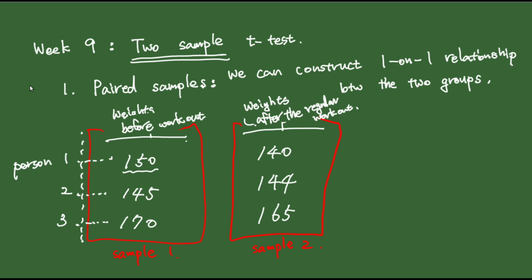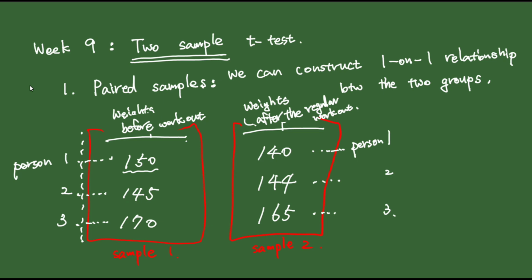And after maybe several months, we measure the weights of these 3 again. So this 140 is related to person 1, this 144 is related to person 2, and 165 is related to person 3.